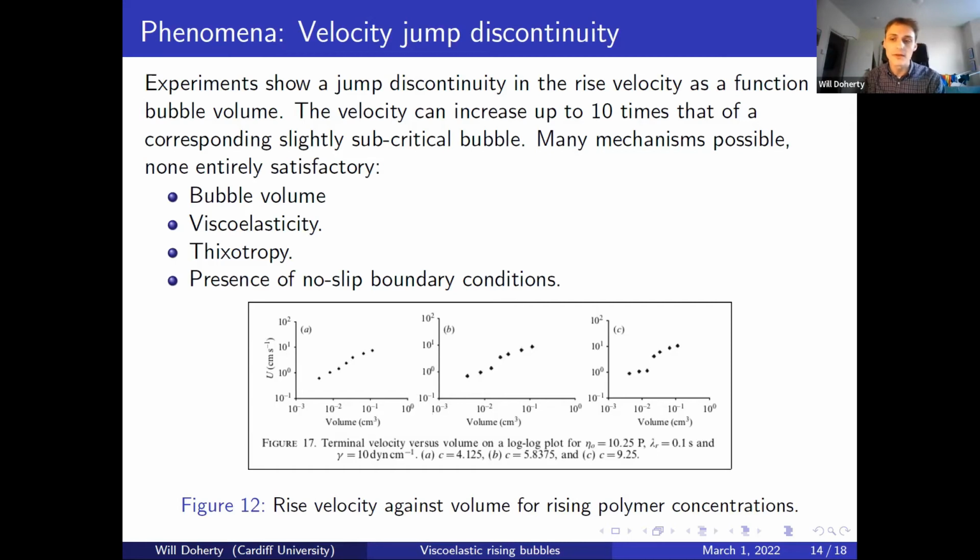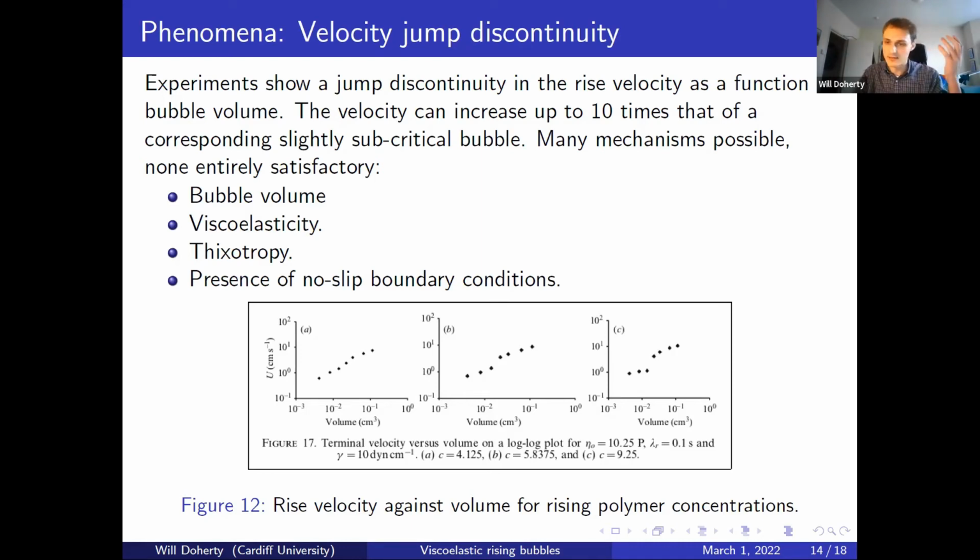So when you plot the rise velocity of the rising bubble against the volume, you can see that if you increase the polymeric concentration, you get actually quite a sharp, abrupt increase in the rise velocity, akin to a discontinuity. And this can be up to 10 times that of even a bubble that's slightly subcritical of that value. So it's a really interesting mechanism. There's loads and loads of different possibilities as to how it's formed.